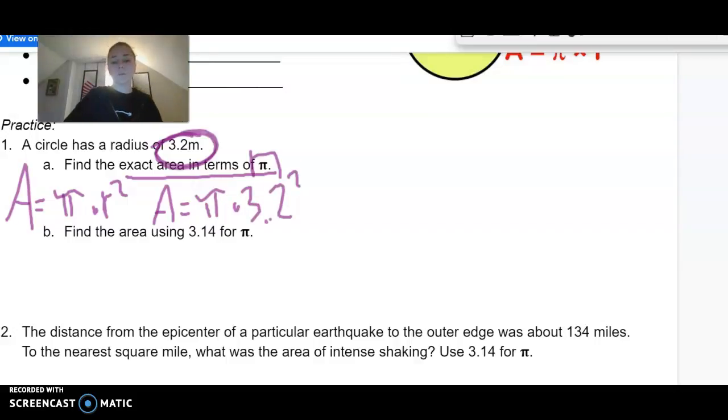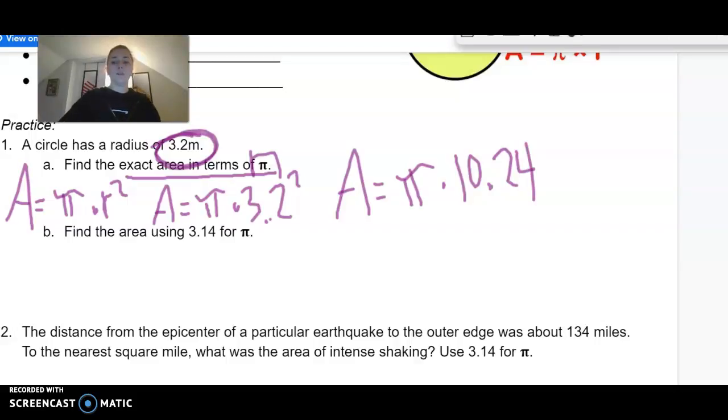When we square 3.2, we're multiplying 3.2 by itself to get us pi times 10.24. And that is our answer. That's all we're writing. You can combine those since when we have two things next to each other like this, that means that we're multiplying, so you can write it one of two ways, okay?